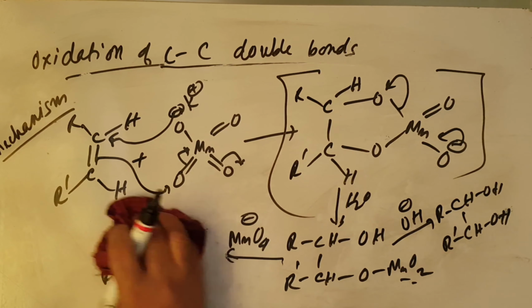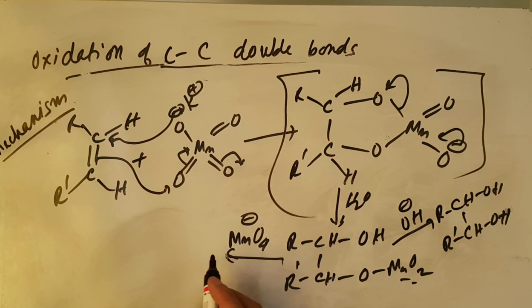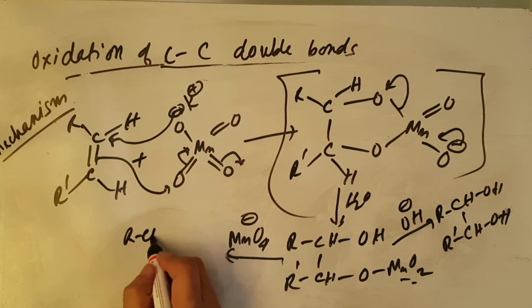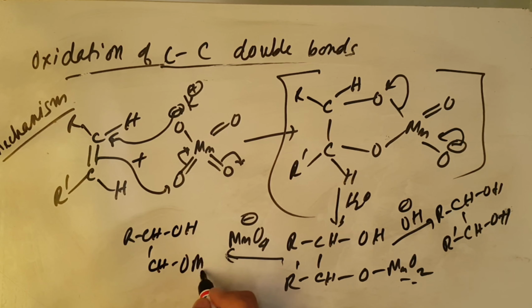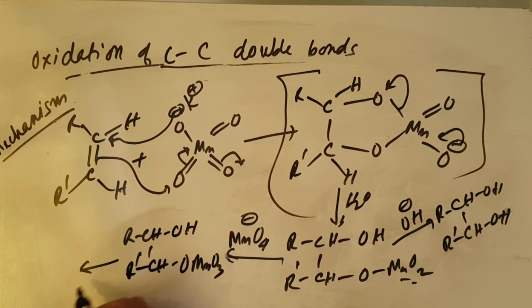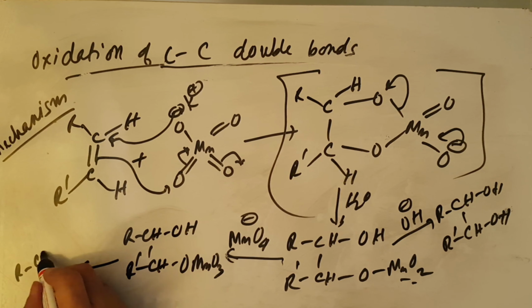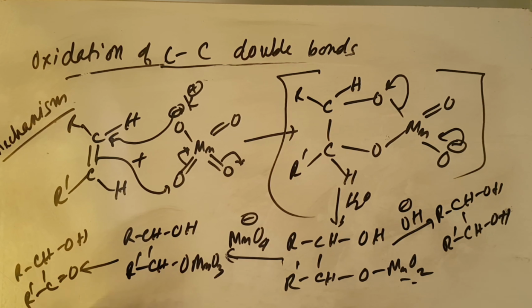So first we got this one, R, CH, OH, then CH, OMnO3 converted to MnO2 converted to MnO3, R prime. So this again reacts with water. So we will give R, CHOH, then C double bond O, R prime. So this is alpha ketol. So this is the reaction mechanism.